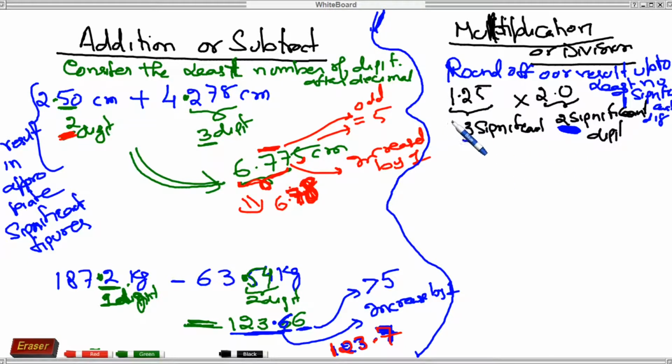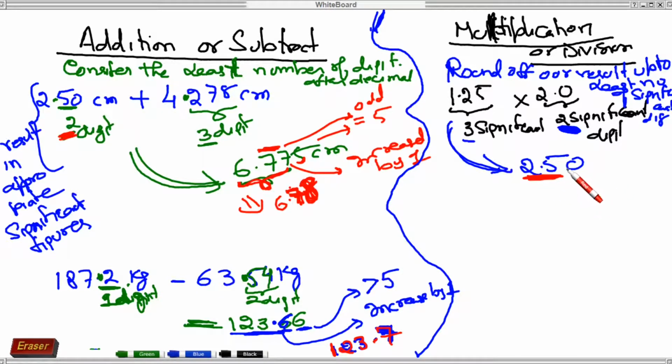Here the result will come out to be the multiplication of these two, which gives us 2.50. But we want our result up to 2 significant digits, meaning up to here.